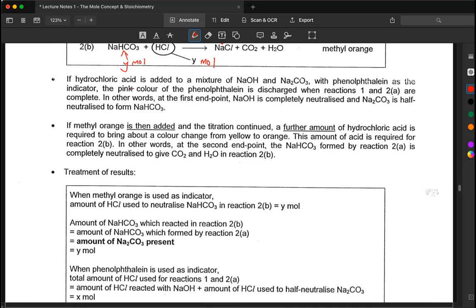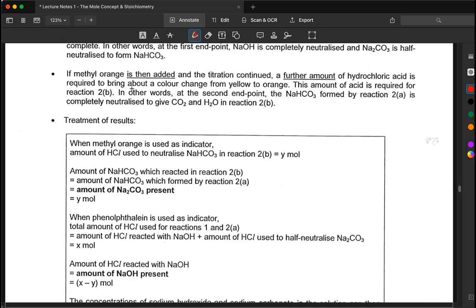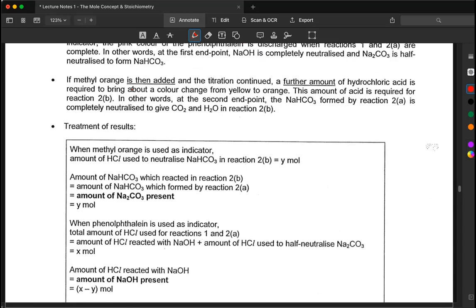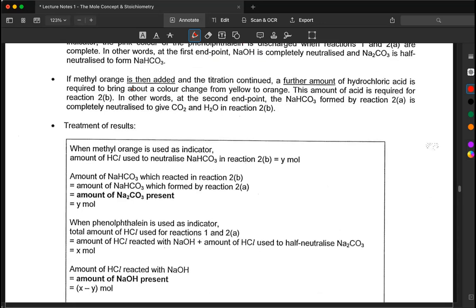If you use phenolphthalein, the total amount of HCl used is only for reactions 1 and 2A. It doesn't occur with 2B.